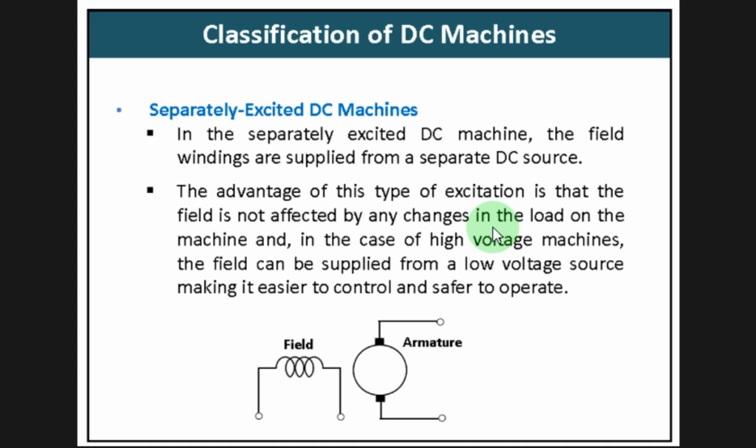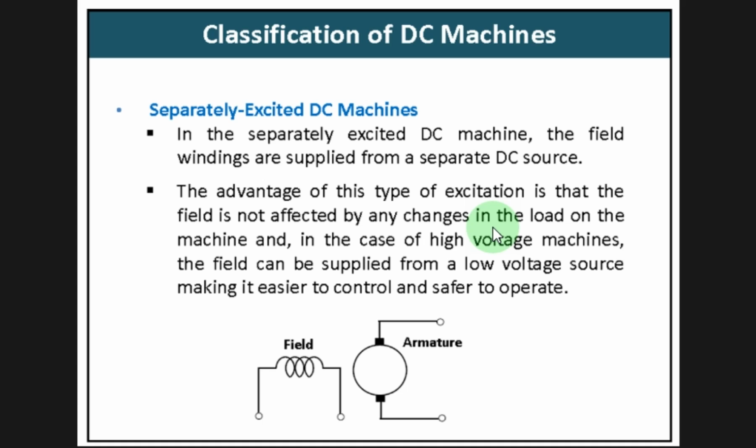So when the load is changing, the current through the armature coil is changing, right? But in the case of separately excited DC machines, the advantage is that the field coil current is not dependent on the load. That means it is independent, right?